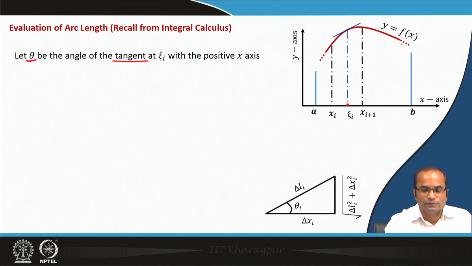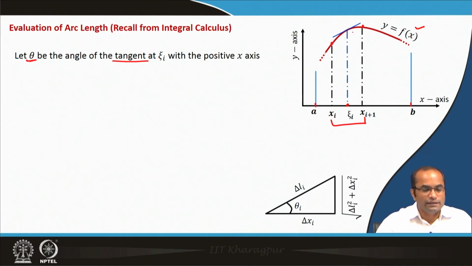We have a curve y equals f of x, and we want to get, for instance, the arc length between the points A and B. What we usually do is divide this whole arc into pieces, and suppose this is one piece, defined from x i to x i plus 1, with a point xi i somewhere between x i and x i plus 1.